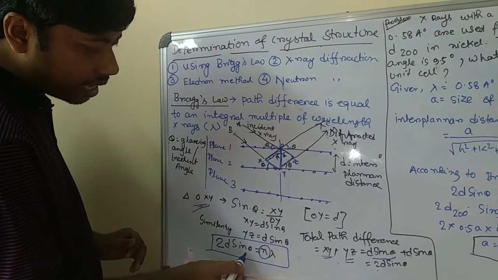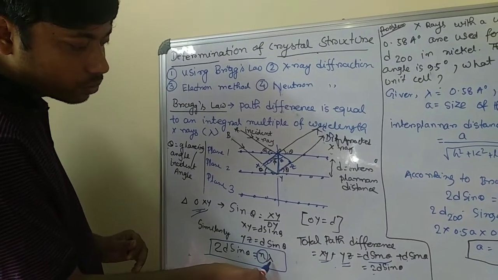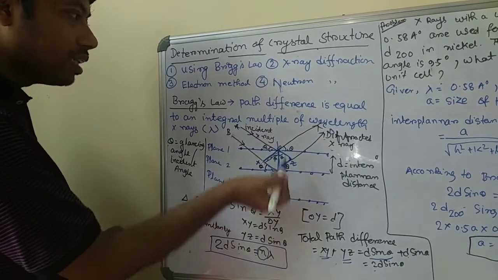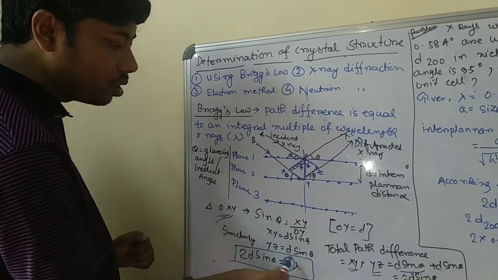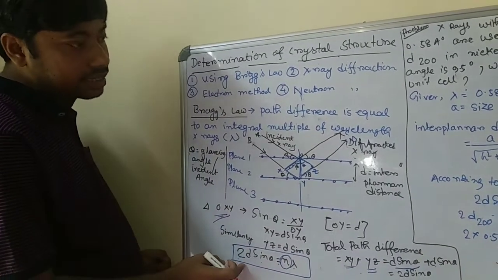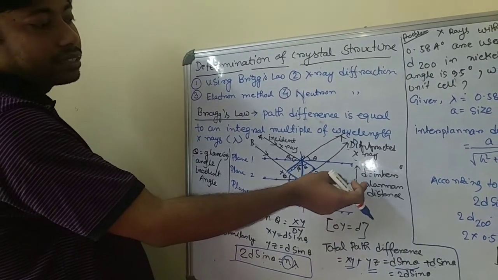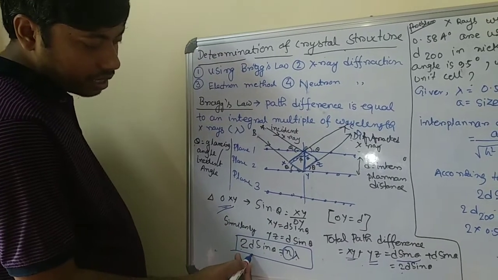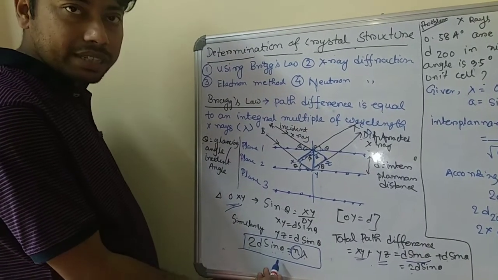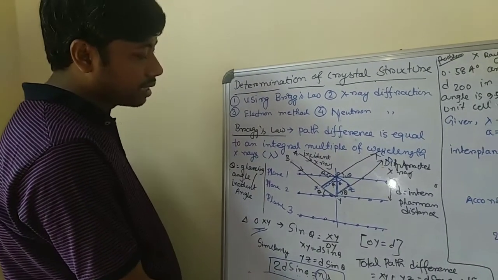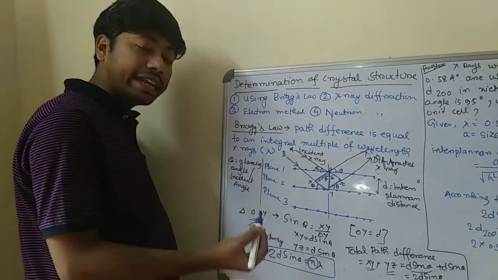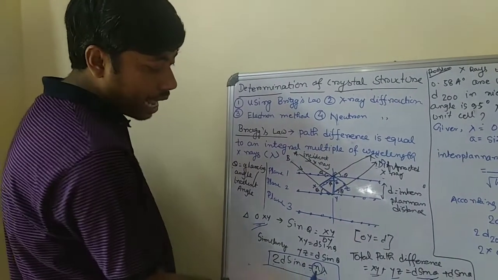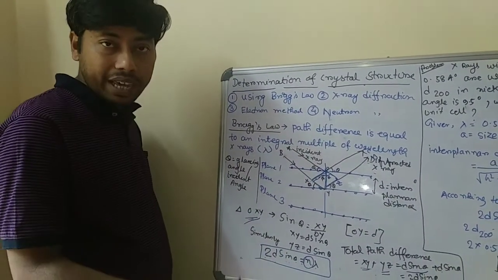So 2d sine theta is equal to n lambda, where lambda is the wavelength of X-rays and d is the interplanar distance. Theta is the incident angle, or glancing angle, also called Bragg's angle, and n is the order of the plane.